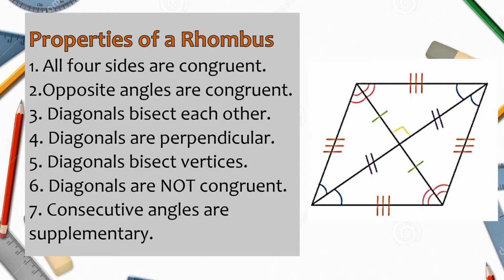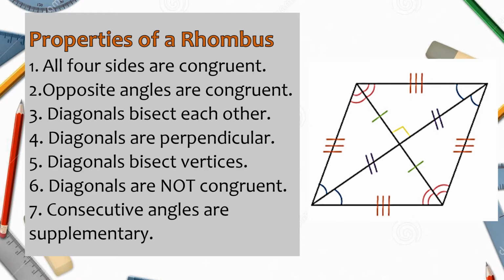Diagonals bisect each other, meaning, nung nagtagpo ang dalawang diagonals sa intersecting point, nahati nila ang isa't isa sa 2 congruent parts. Diagonals are perpendicular, meaning, nung nagkatagpo ang diagonal sa intersecting point, nagkaroon sila ng 90 degree or nakaform sila ng 90 degrees.